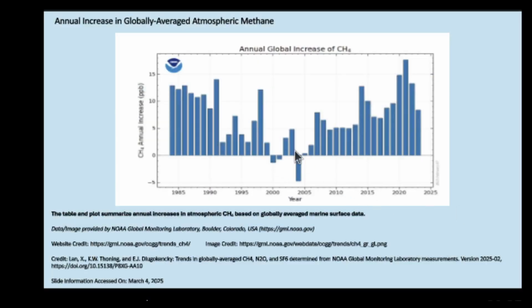In that 2000-2005 period, more was actually absorbed by those natural processes than could accumulate in the atmosphere. So there was a negative growth rate, which meant the amount in the atmosphere was decreasing for several years. But generally, just like with carbon dioxide, we see a positive growth rate in the atmosphere on an annual basis.